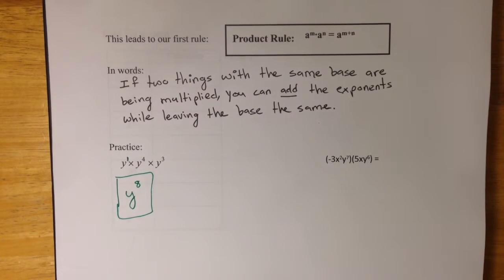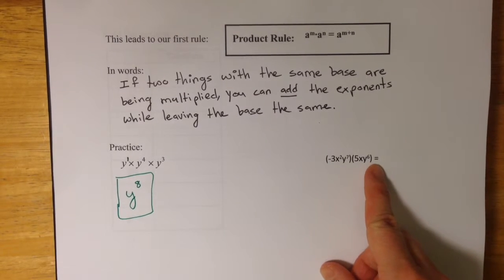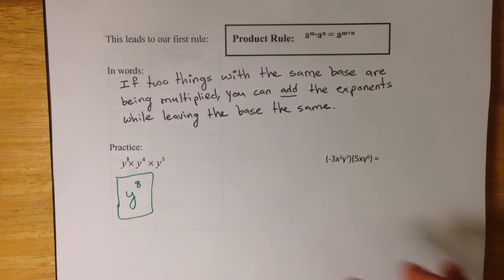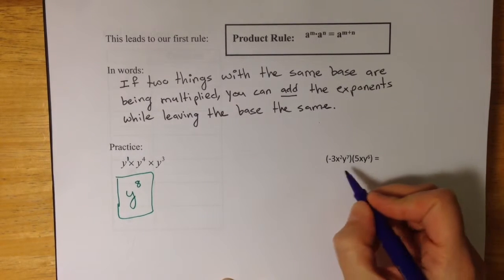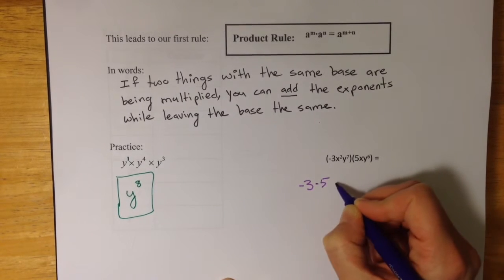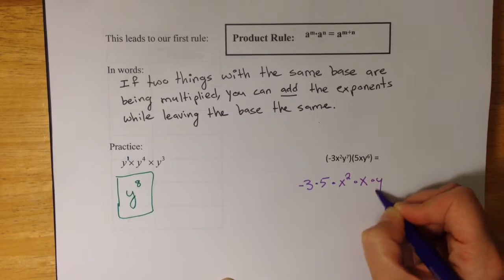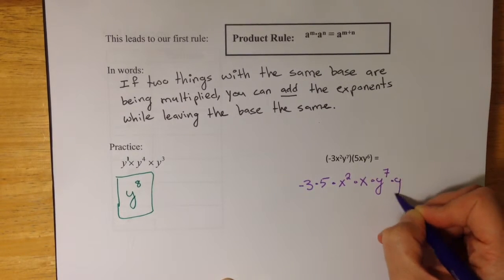On this second problem, I've kind of mixed things up and made it look a little complicated. First, notice that everything here is being multiplied, which means that we can rearrange the order that things are in. The order doesn't matter in multiplication. So I'm going to rewrite this as negative 3 times 5 times x squared times x times y to the 7th times y to the 6th.